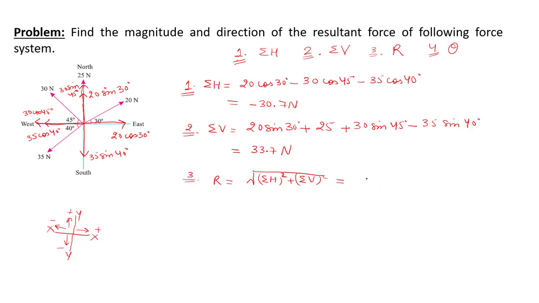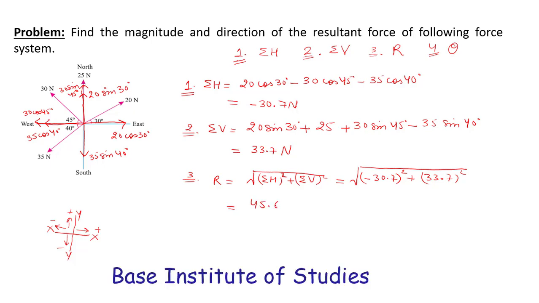So sigma h is minus 30.7 squared plus sigma v is 33.7 squared, under root. We have the magnitude of this resultant force as 45.6 Newton.